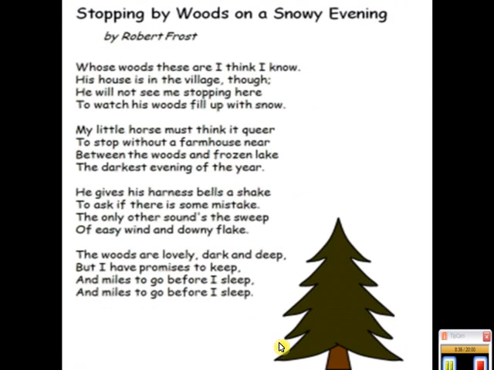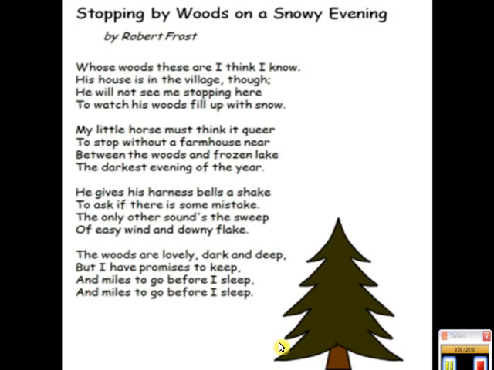So let's try to see. What about here? This is a poem written by Robert Frost. This is one of my favorite poems. The title is Stopping by Woods on a Snowy Evening. I will read the poem for you, and let's focus on the first stanza and try to get its rhyme scheme.